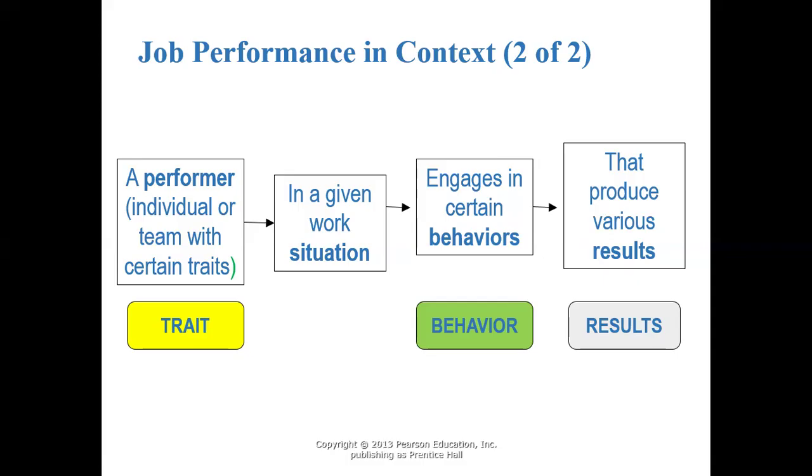And sometimes performance measurement is based on that. They are in a given situation and engage in certain behaviors, and it produces certain results. So sometimes the traits measurement is based on the fact that that trait combined with certain behaviors will produce certain results.